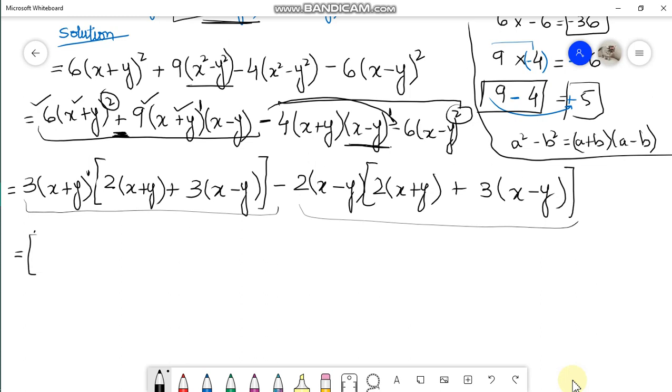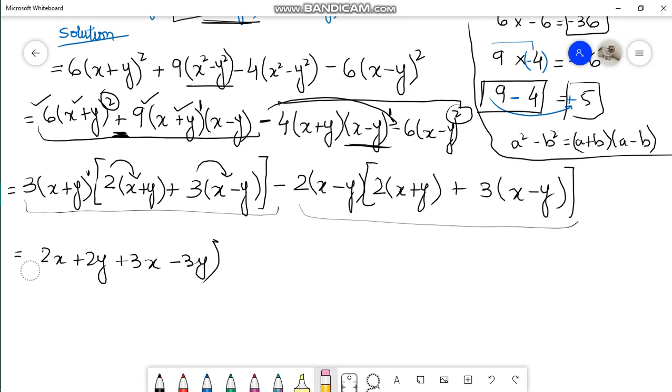In the same step I will do the multiplication, just to simplify the question: 2x plus 2y and 3x plus, sorry, minus 3y. I have simplified, so now I can easily use the small brackets.